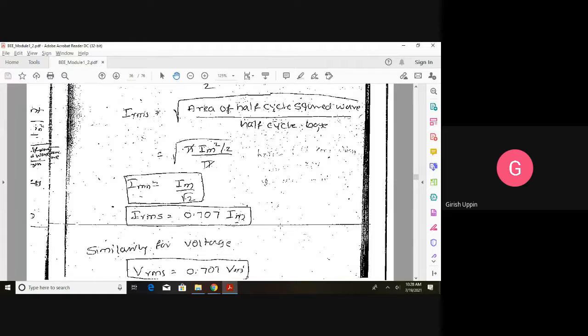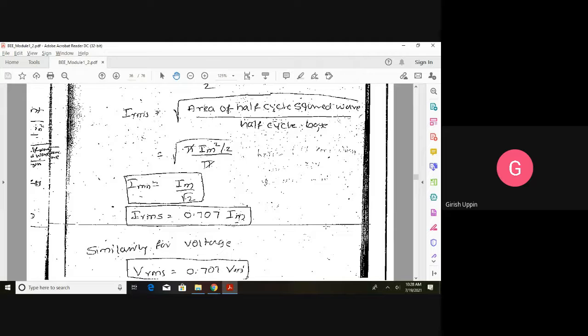Now your household voltage is 240. Okay, what is that RMS value? This is how we represent your household voltage: VRMS, that is 240, is equal to 0.707 into Vm. Therefore, Vm is equal to 240 divided by 0.707.